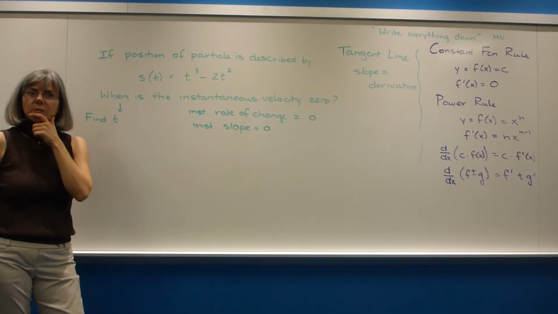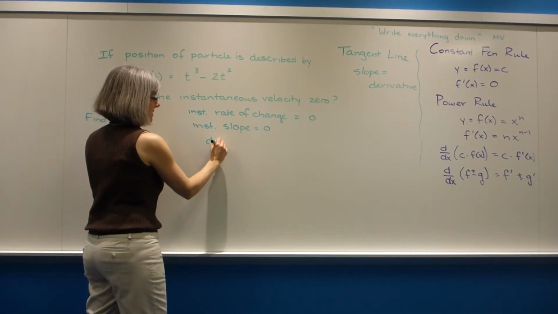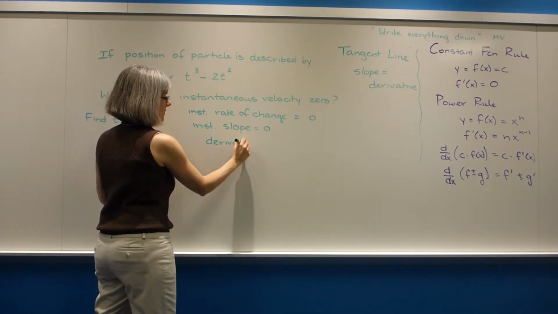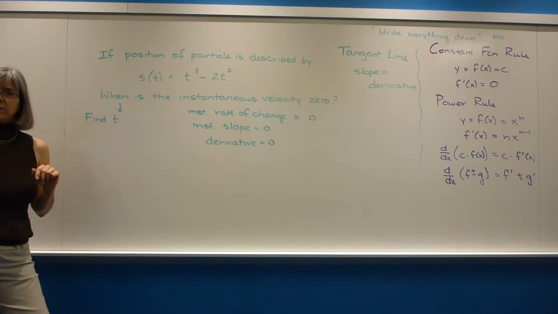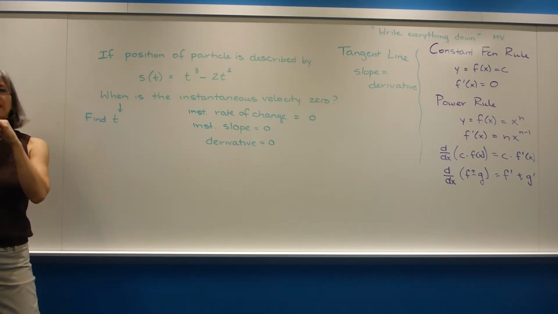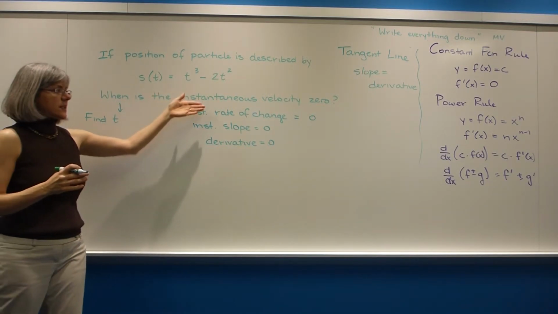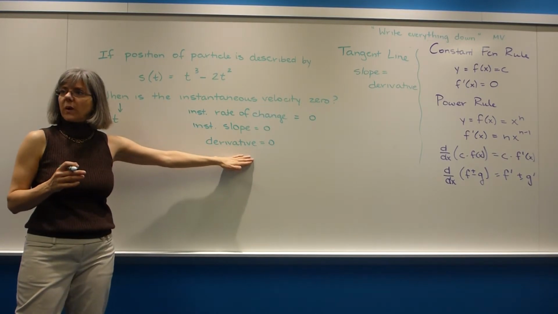What's instantaneous slope? Derivative. So these are equivalent questions. When is the tangent line horizontal? It says when is the derivative 0? When is the instantaneous rate of change equal to 0 is the same question. When is the derivative 0?